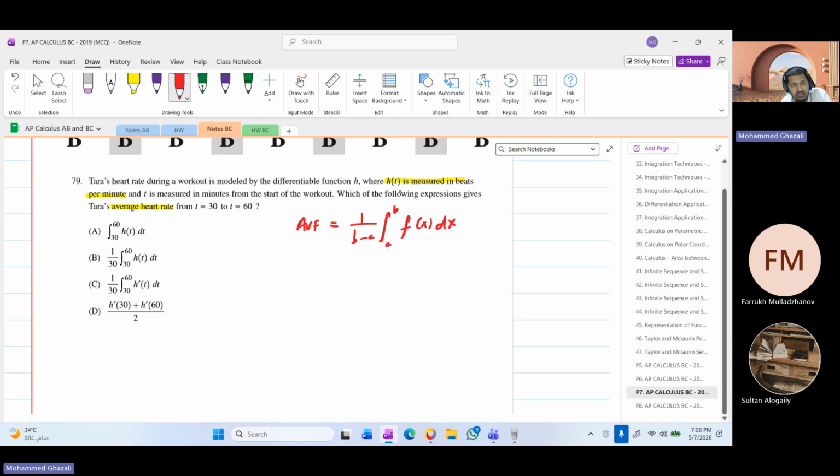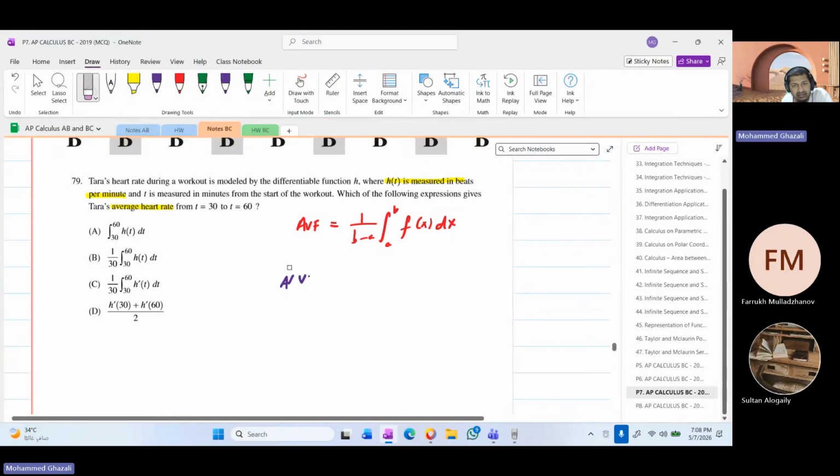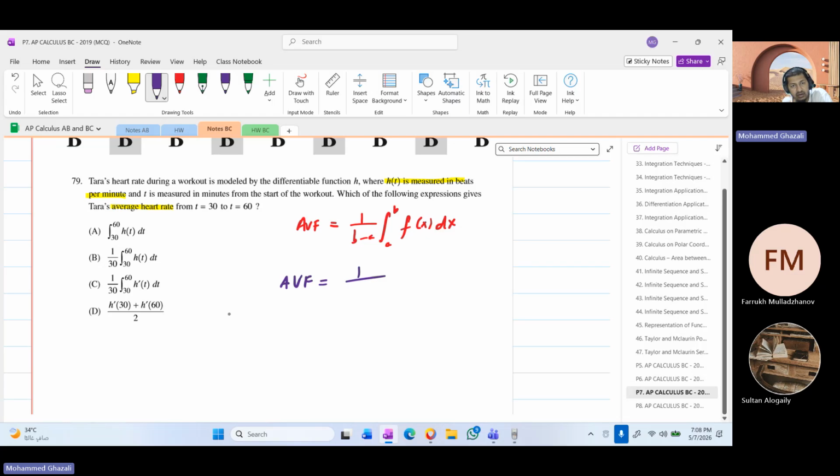They're already giving us h of t, so you integrate h of t. So it will be 1 over 60 minus 30.